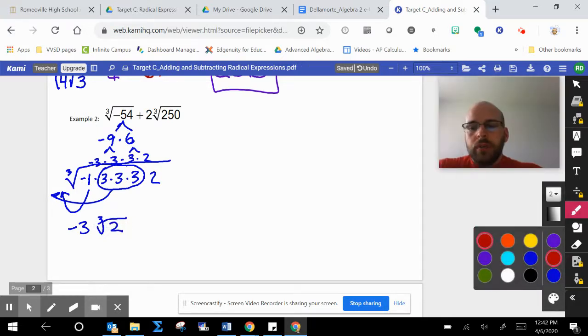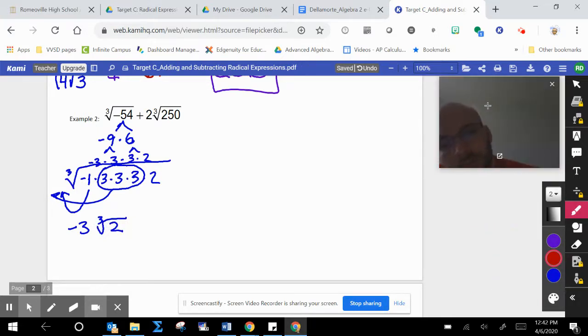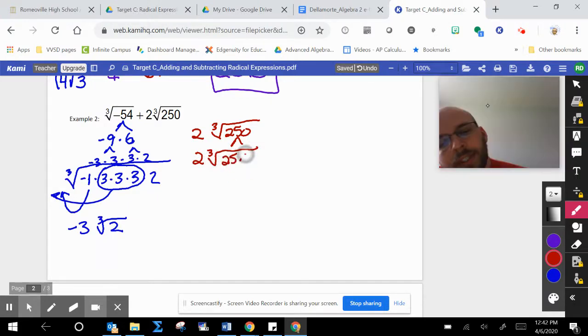So let's see if we can reduce the other radical, right, using the same idea. So I have 2 cube roots of 250. If I break this down, I have 2 cube roots of 25 times 10.